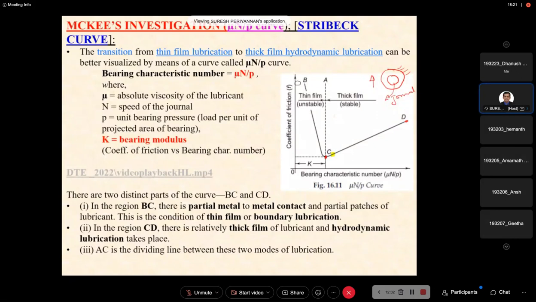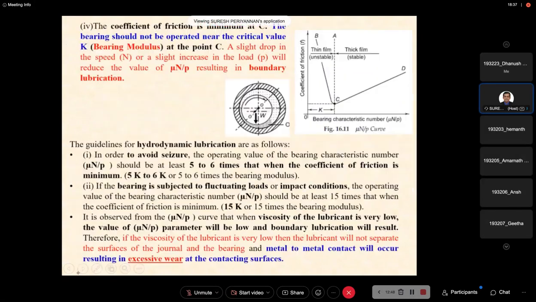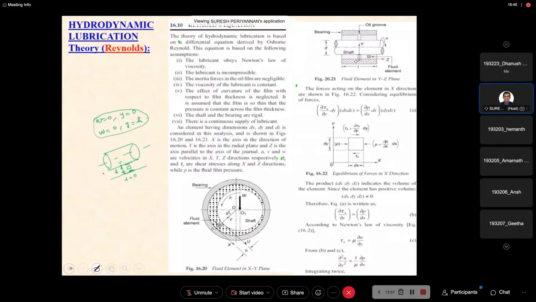Now this is the consideration of thin film and thick film lubrication, thick film and boundary lubrication. Okay. Now the line CD is the thick film lubrication, also called hydrodynamic lubrication. The AC is a dividing line. Now these are the modes of lubrication. What we have to understand here are some of the standard values we have to use in our design condition.